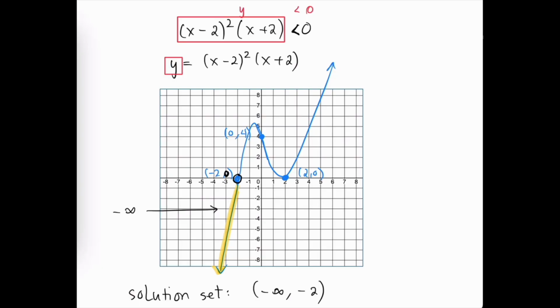But that's it. Nothing else works because all these y values are positive, this y value is equal to 0, and these y values are positive, so none of this is part of the solution set, and our only working interval is the interval from negative infinity to -2.